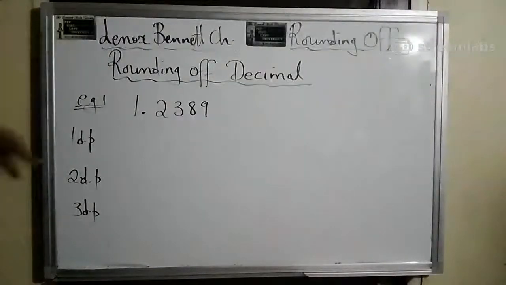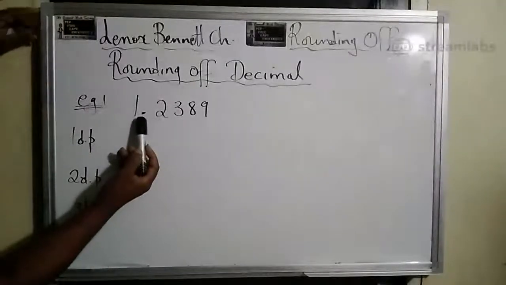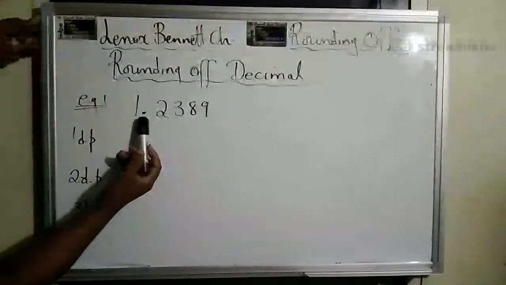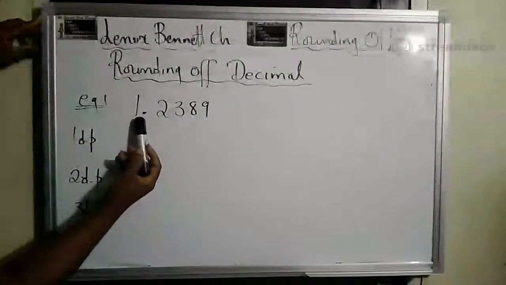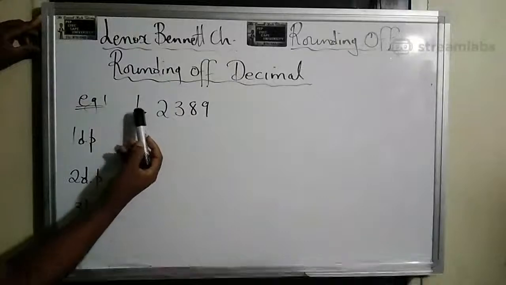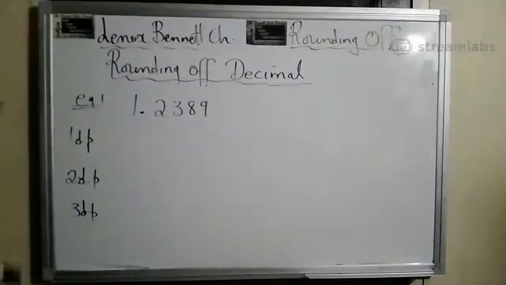Alright, so 1 decimal point means that after the decimal point, which is right here, right guys, we're gonna round it off to just 1 number. Right now, 1.2389 is 4 decimal places.